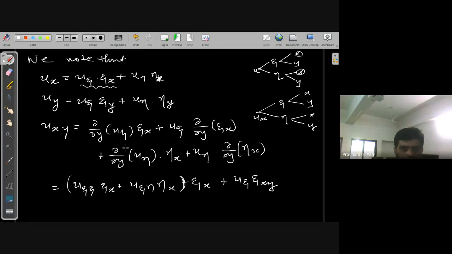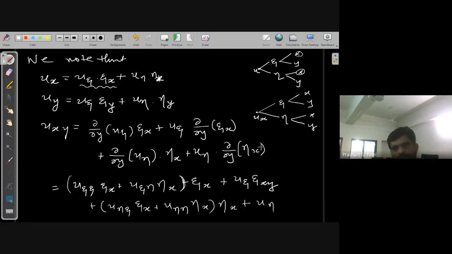Here again we can apply this chain rule. So we'll have u eta xi xi x plus u eta eta eta x, and all this quantity will multiply with eta x, plus here it is u eta eta xy.